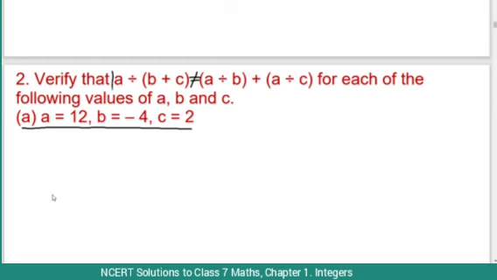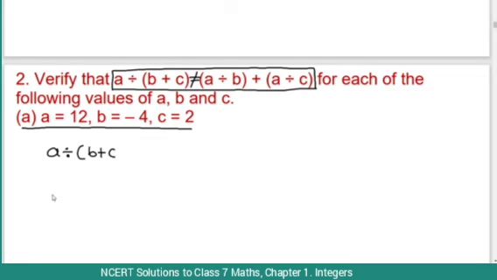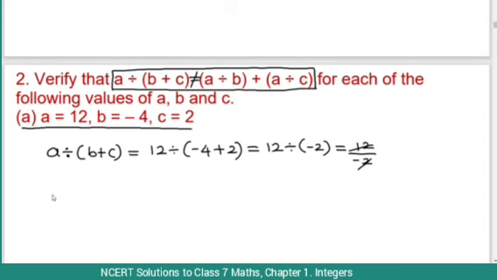First I will take the LHS value, that is A divided by (B plus C). A value is 12, B is -4 and C is 2. So 12 divided by (-4 plus 2), which is -2. Then 12 divided by -2 is -6.